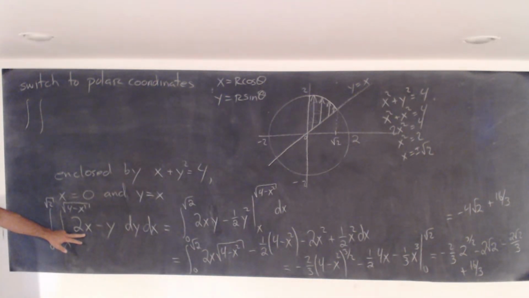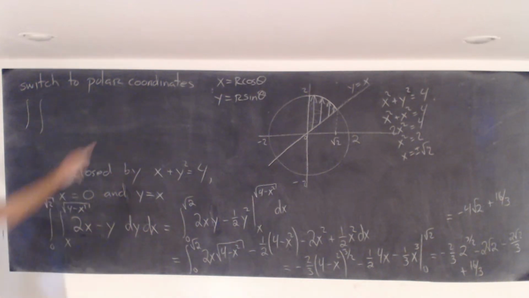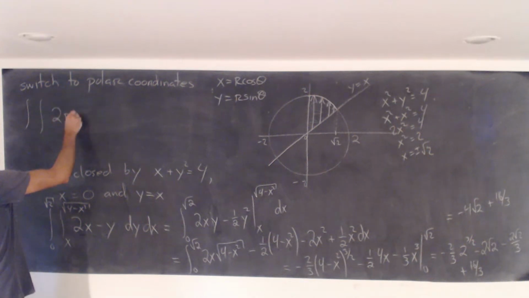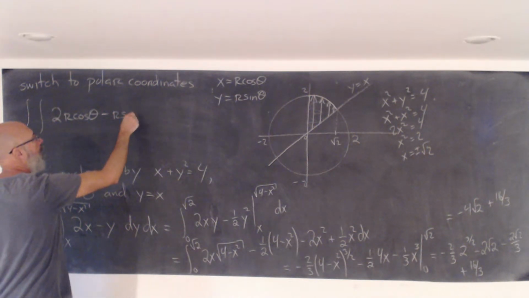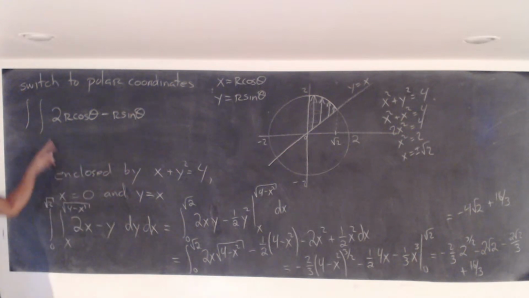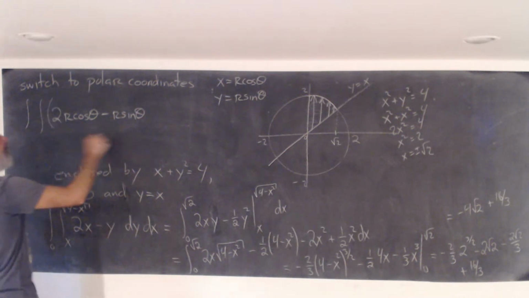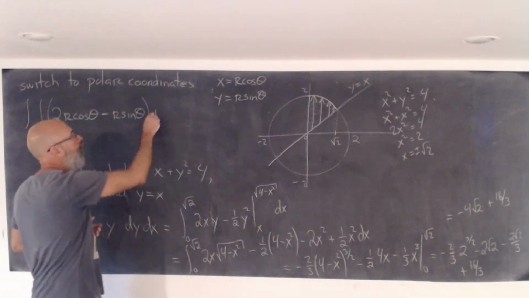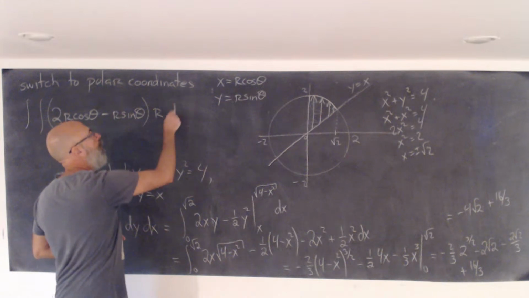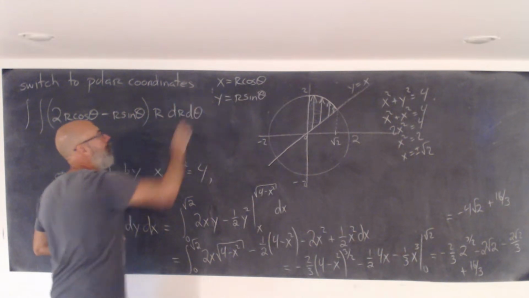So your integrand 2x minus y becomes 2r cos minus r sine, right? 2x minus y. Jacobian r dr d theta.